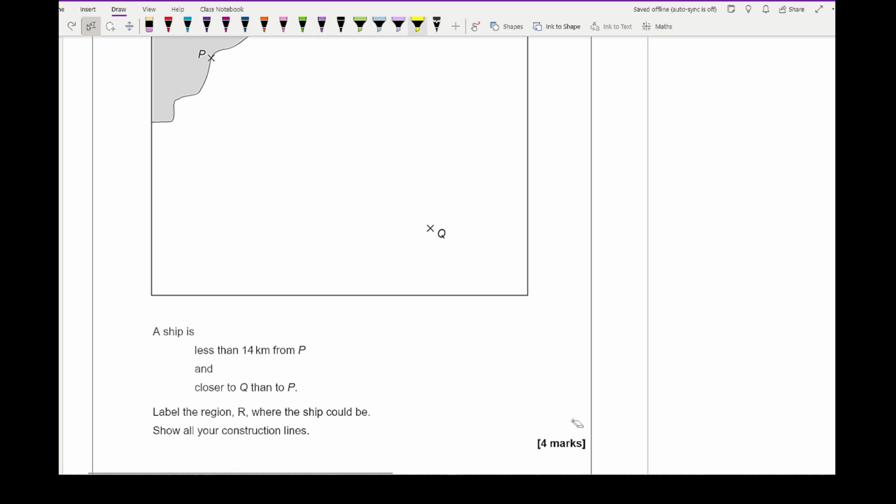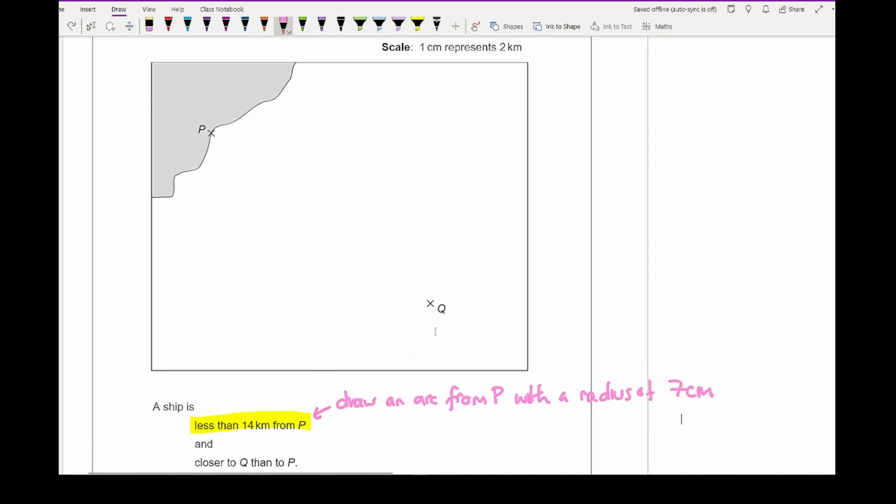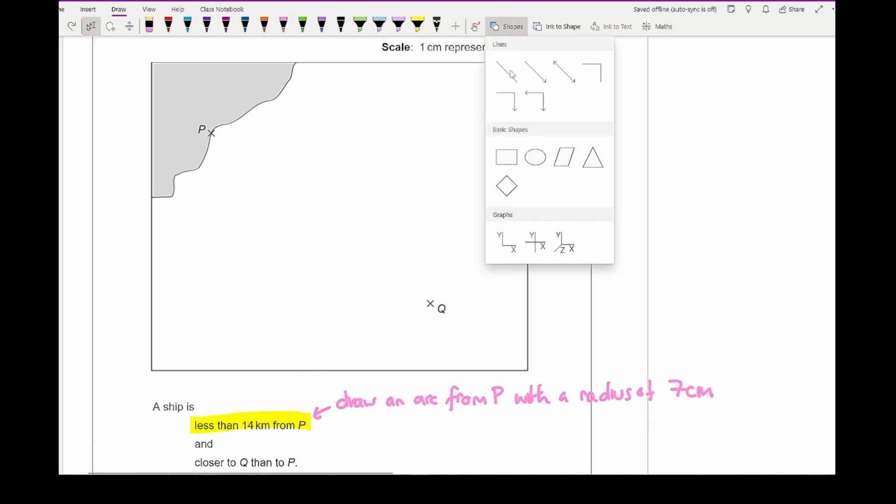Now for this, using loci, let me just talk you through what we need to do. For this first step, we need to draw an arc from P with a radius of 7 centimetres.